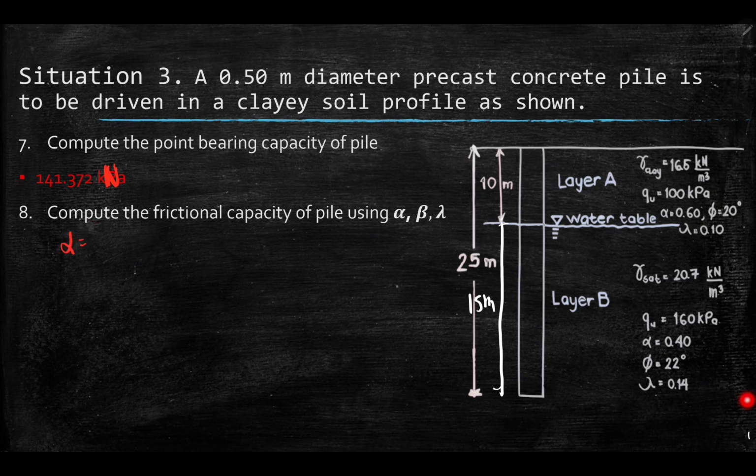QSF for alpha method is equal to 1225.21 kN.